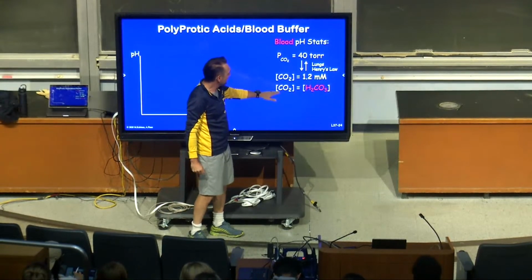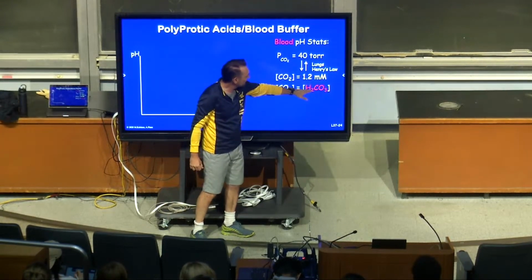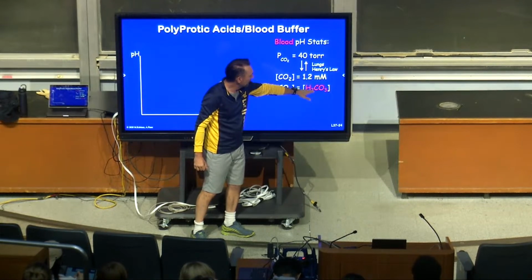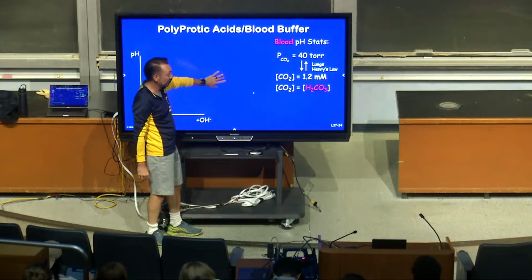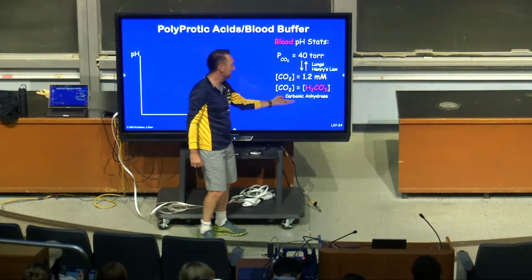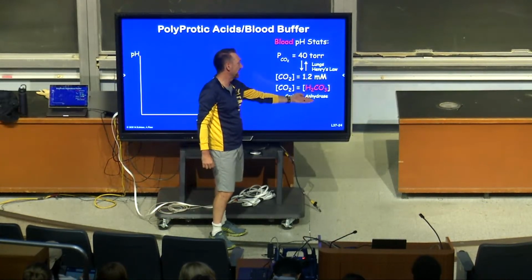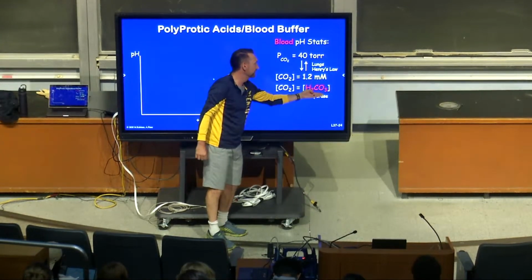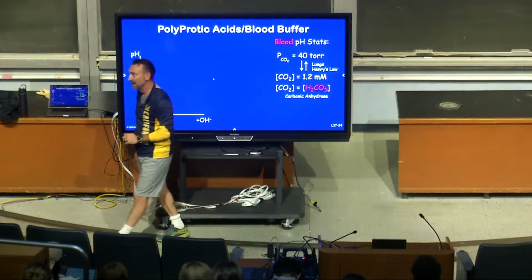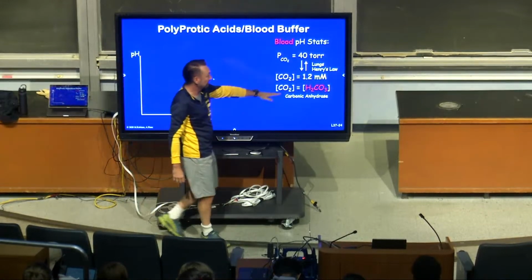The carbon dioxide is converted into carbonic acid very efficiently in your blood by an enzyme, a big protein, carbonic anhydrase. It keeps turning this into this. And then this can start to do the buffering.